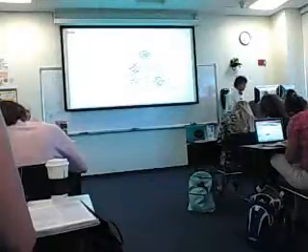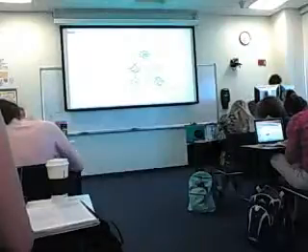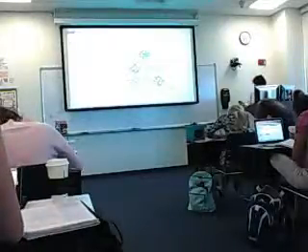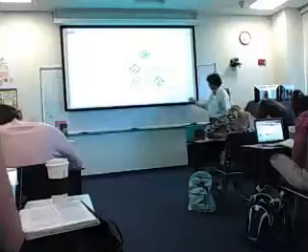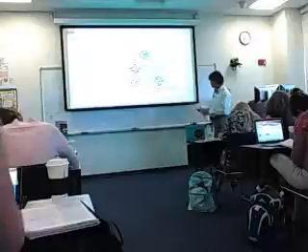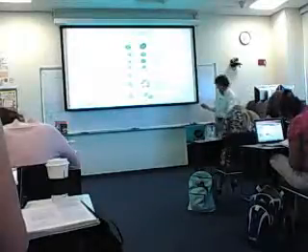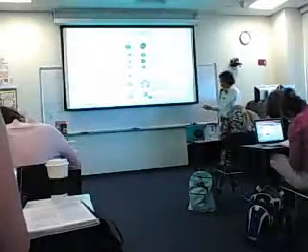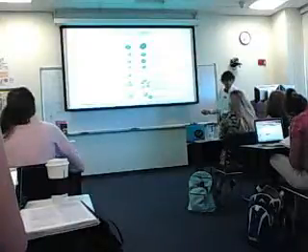Okay, and so it's associated. These are associated with hypersegmentation of polymorphonuclear cells. So if you look at a normal poly, okay, so here's a normal nucleus, and you see it's got like 3 lobes or so.